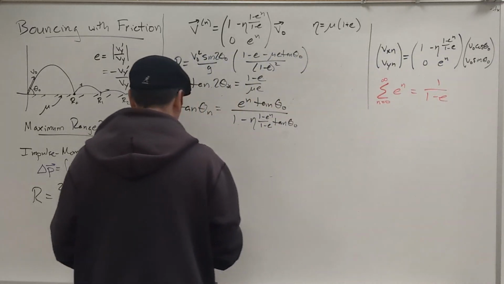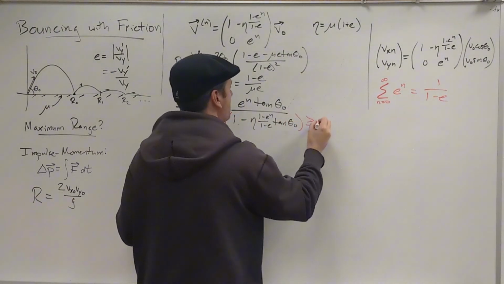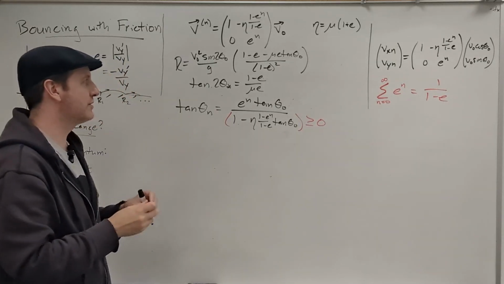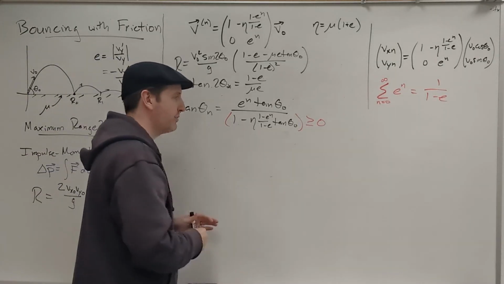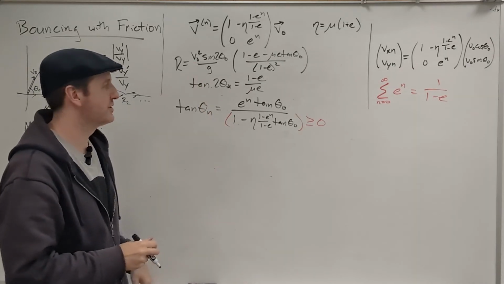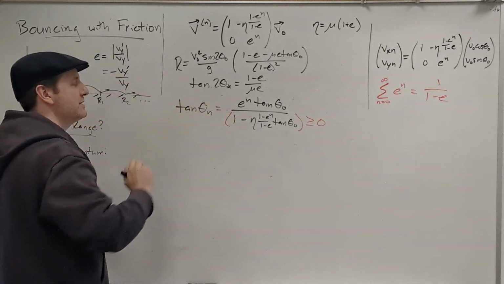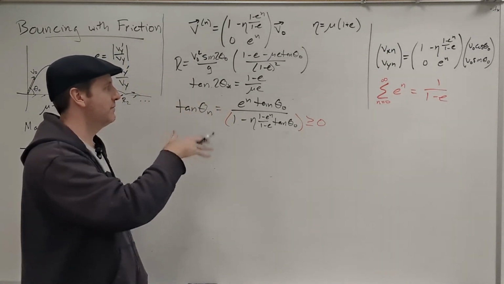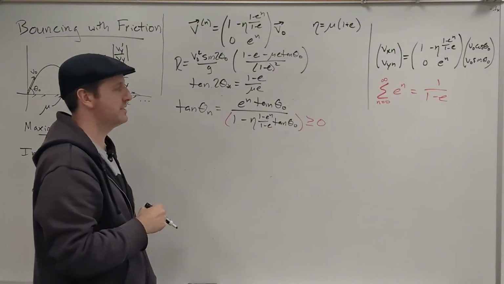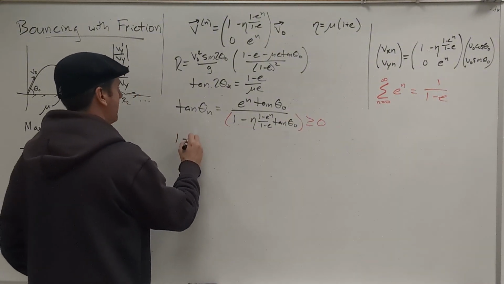So what we really want is for this denominator to be non-negative. Maybe it could be 0 if you're willing to interpret this as it stops going horizontal and just bounces up and down until it settles. But if I set this denominator greater than or equal to 0, it places an additional constraint on my n's and thetas. So let's work out that inequality real quick.